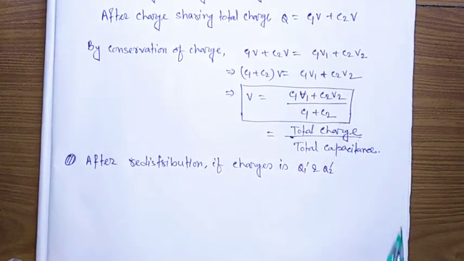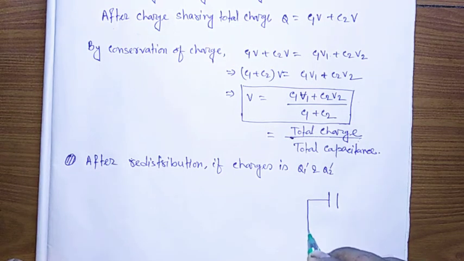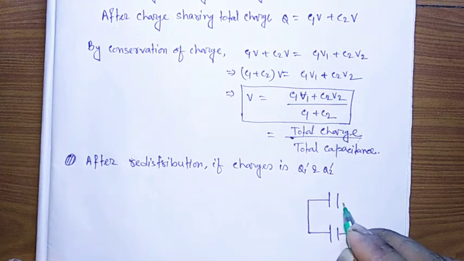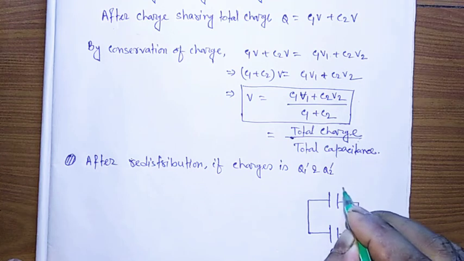I make another diagram here with capacitances C1 and C2 and charges Q1 dash and Q2 dash.